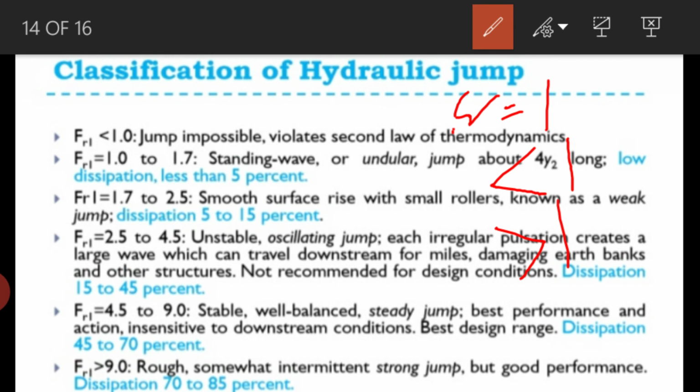Means if the Froude number is less than 1, it is not possible to have a jump. If the Froude number is between 1 and 1.7, a standing wave or a long jump of about 4 times y2 takes place, with low dissipation of energy, less than 5%.